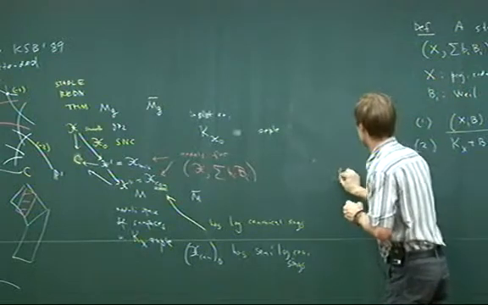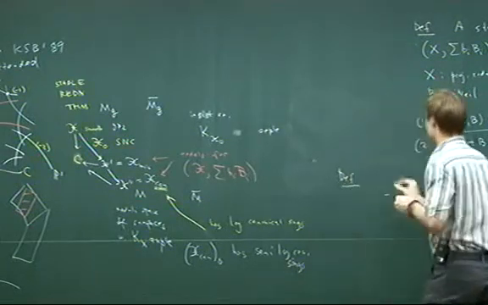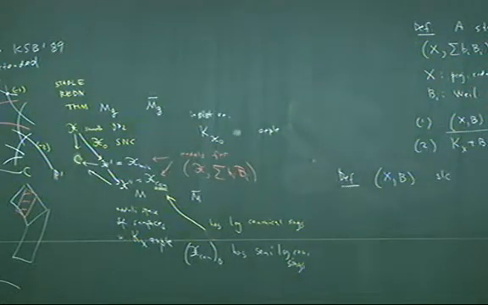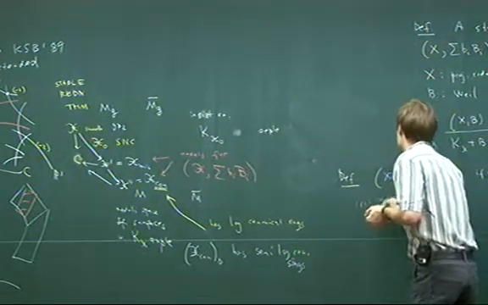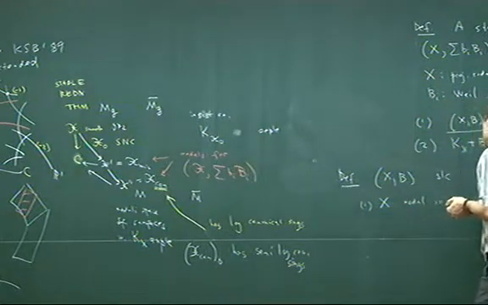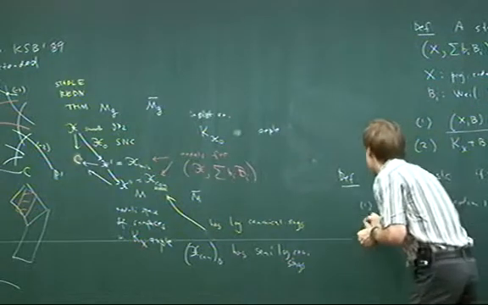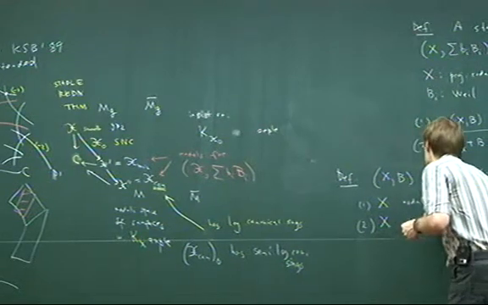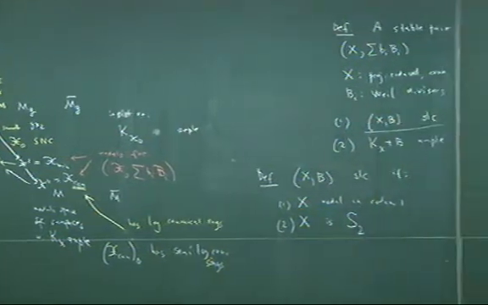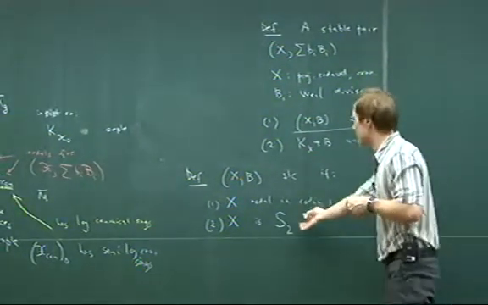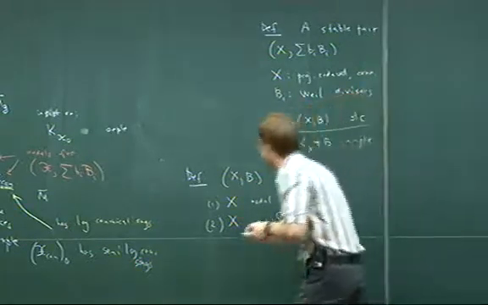Let me give a definition, even if very quickly. So if we have a pair, then we say that it has semi-log canonical singularities if, so one, X has to be nodal in codimension 1. Two, X has to satisfy Serre's condition S2, which is a substitute for normality for such nodal varieties.